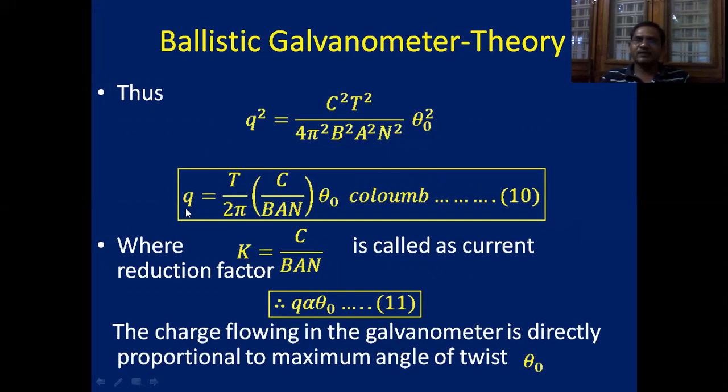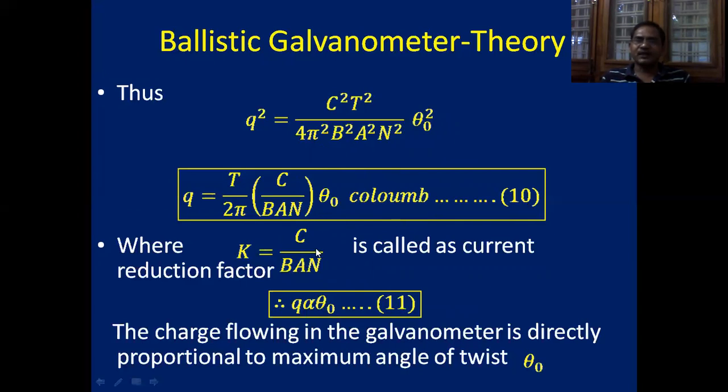But we require the expression for Q, therefore writing Q as the subject, Q equal to the square root of the right side, T by 2 pi, C by B A N into theta naught coulombs. So this is the expression for the charge which is flowing through the coil of the ballistic galvanometer. Say this is equation 10.